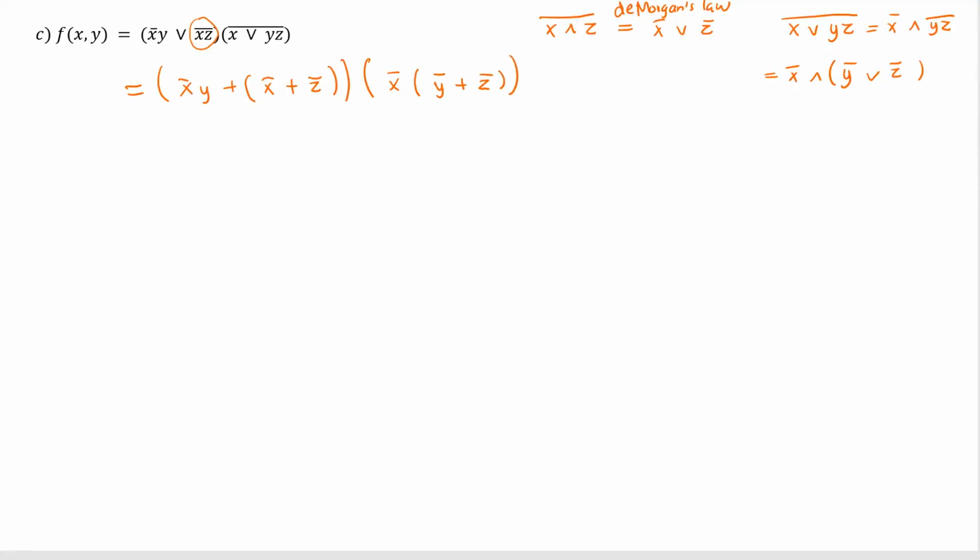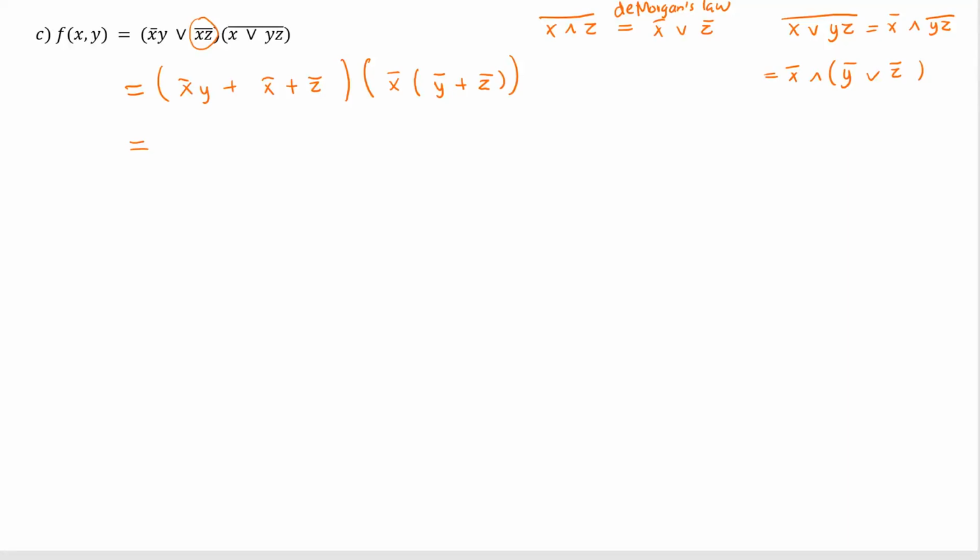Okay, so we want to make sure that we have moved the bar into each of the variables. Then we can continue. Because the OR is associative and commutative, we can remove the parentheses. The order where we add the numbers first doesn't matter.